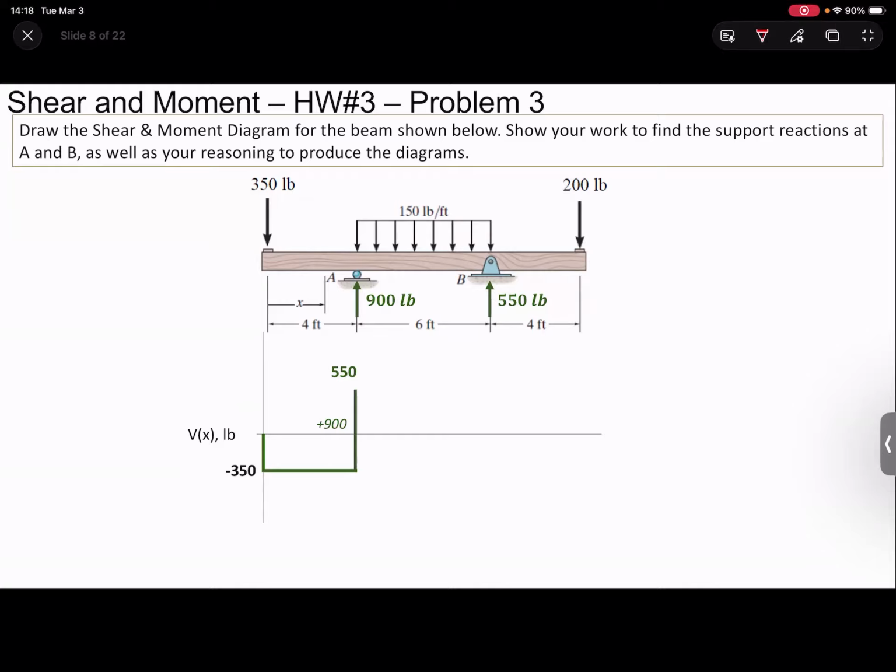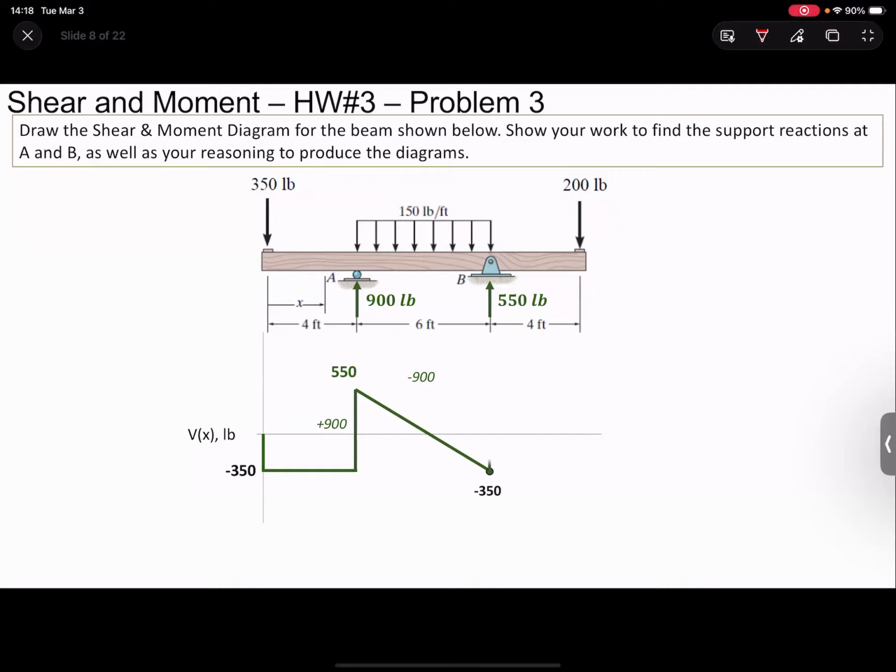And then as we move from left to right through this distributed load, we're getting knocked down 100 pounds per foot. So in total, we know it's going to be 900 pounds down. But remember, rectangular distributed loads produce triangular shear. So as we move along here, going left to right, we see a slope down to 350 below, for negative shear.